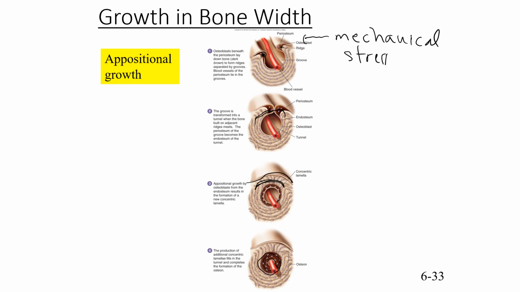Further lamellae will be produced around blood vessels trapped by the growth of the osteoblasts on the surface of the matrix. In this manner, bone grows in thickness in areas where the bone is receiving use. The use of the bone creates mechanical stress.